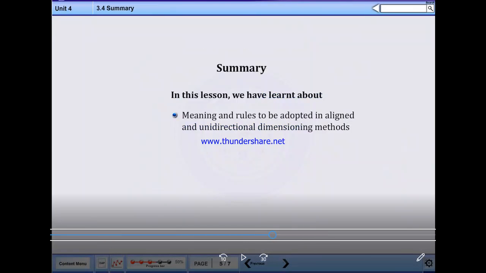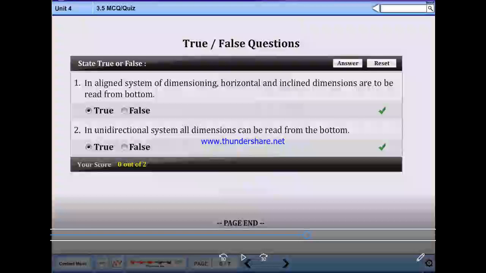Now we will see some quiz questions, that is true or false. In the aligned system of dimensioning, horizontal and inclined dimensions are to be read from the bottom. It's correct. That is, in the aligned system, horizontal and inclined dimensions are to be read from the bottom.